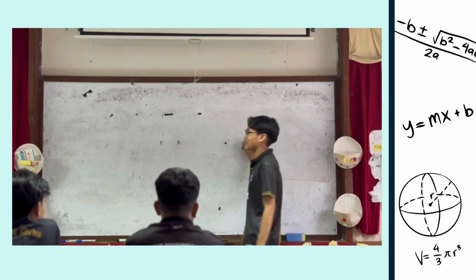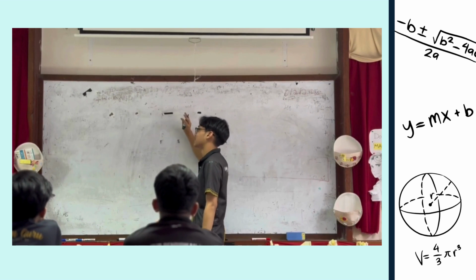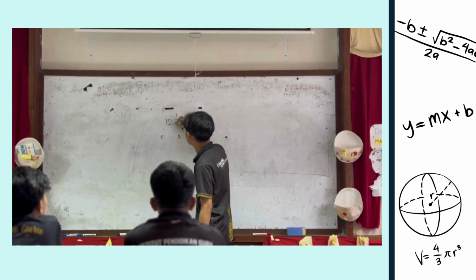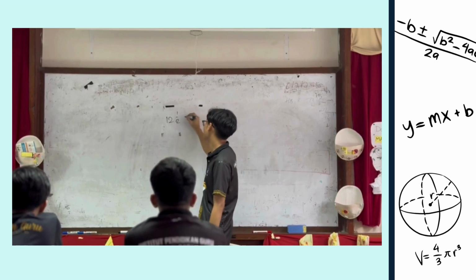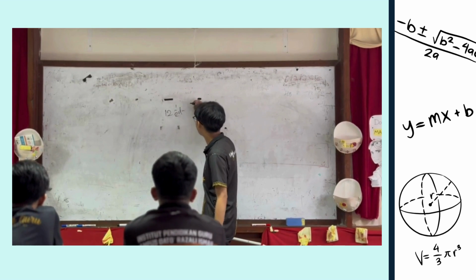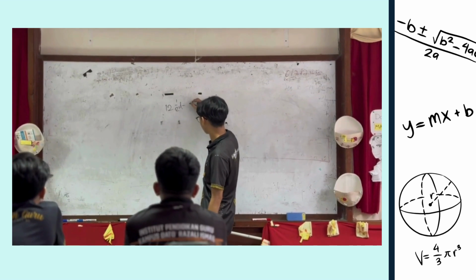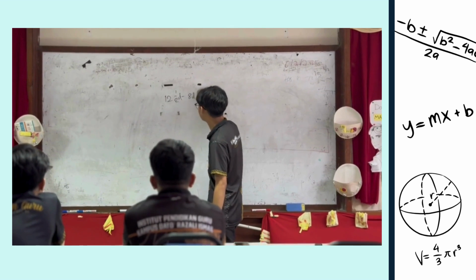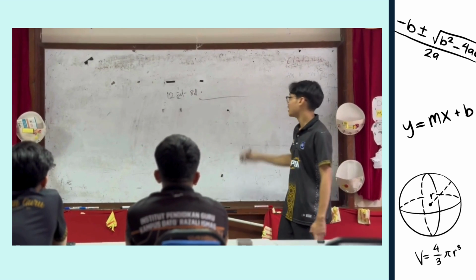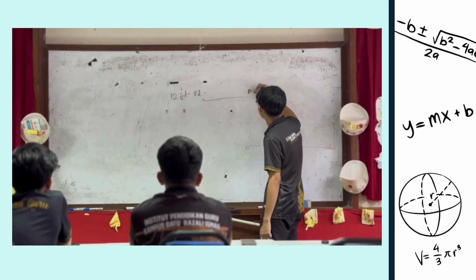I give you 12 and 1 over 2, minus something, but this is in liter. But I want you to get the answer in milliliter.